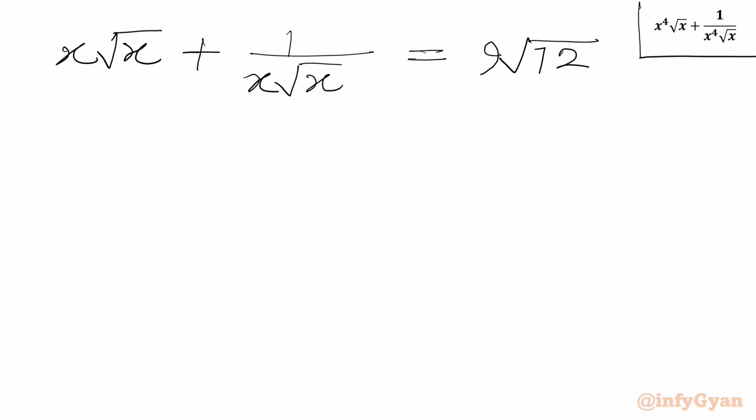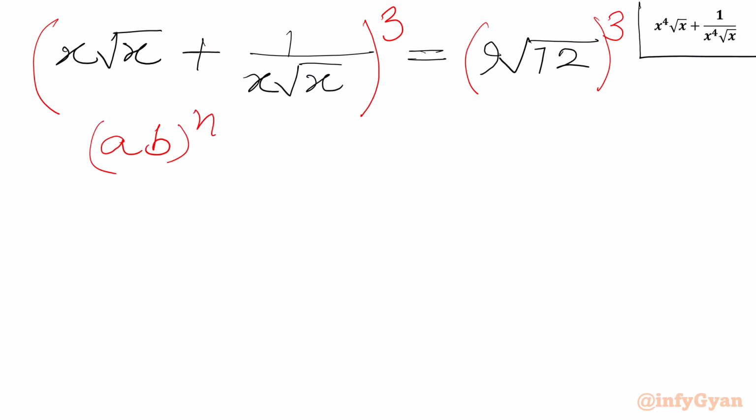Again we will consider cubing both sides. Power 3. Now we know that a times b whole power n can be written as a power n times b power n for our RHS. In LHS, we will apply the a plus b whole cube formula once again.